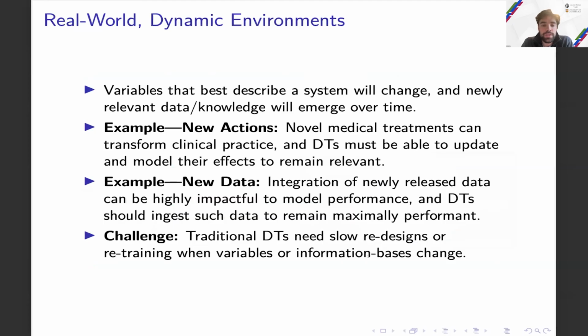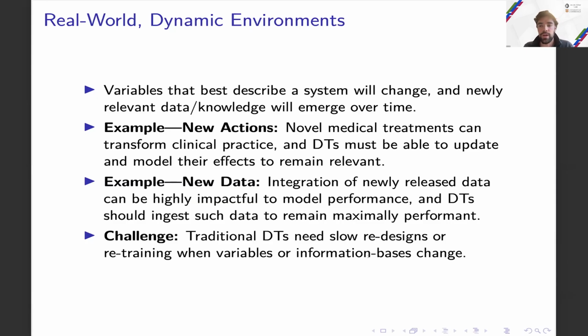Something that's often implicit or underexplored in the current digital twinning literature is the fact that to build a simulator of a system, we have to define the variables that are of interest. Generally, this will not be every single variable that could possibly describe the system.